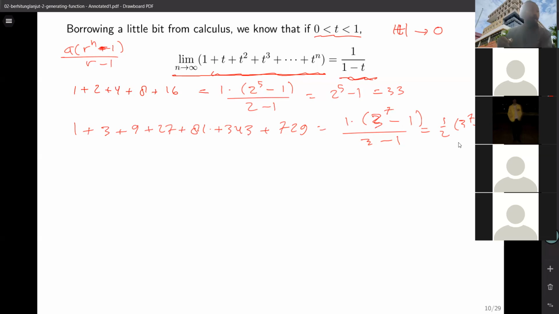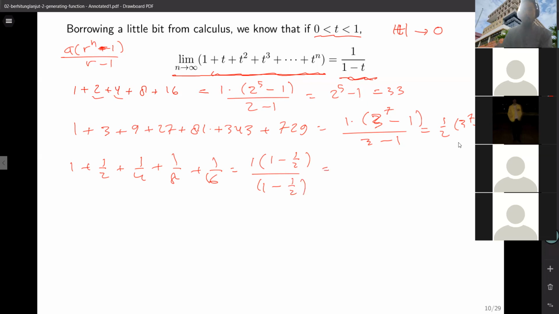Now, what if the ratio is less than 1? So for example, 1 plus a half plus this plus this. There will be 1 times (1 minus a half to the power of 5) divided by (1 minus a half), right?